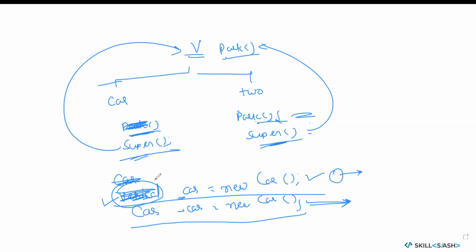A car is of type vehicle, and that's why if you create an instance of vehicle type, it's fine. Here, your two-wheeler and car, any vehicles, are taking two forms that can be understood by this vehicle one.